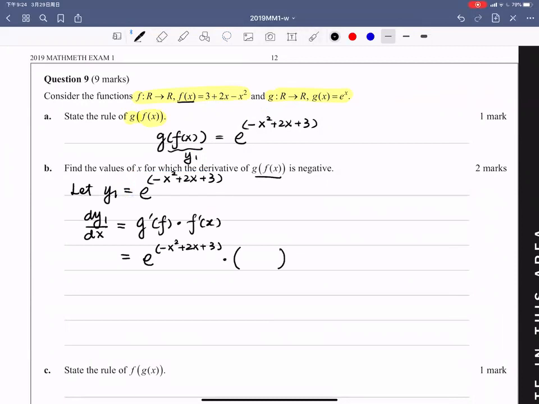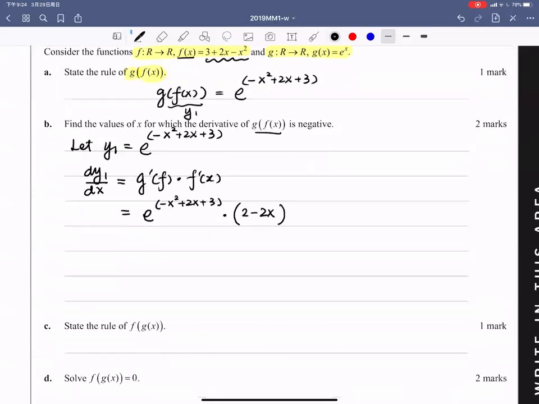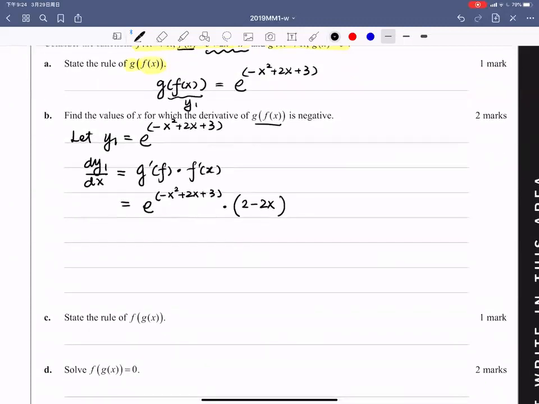So it's 2 minus 2x, okay? Coming from this one. Now, with this expression, I could do a bit of simplifying, taking out the 2 times 1 minus x. All right, the pattern seems much more obvious.